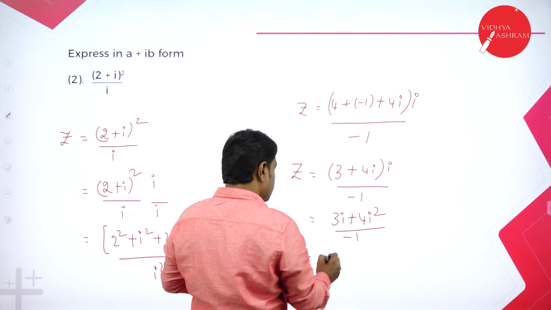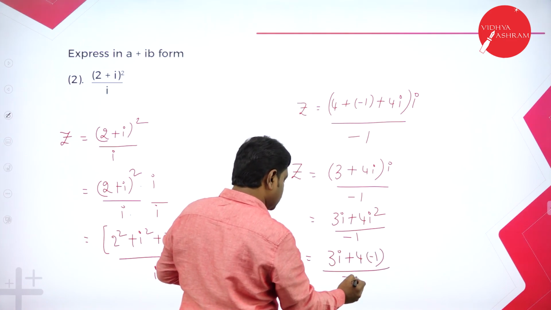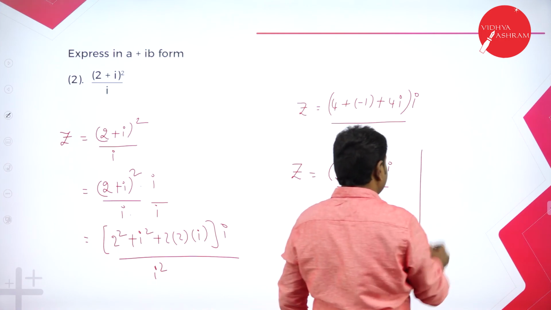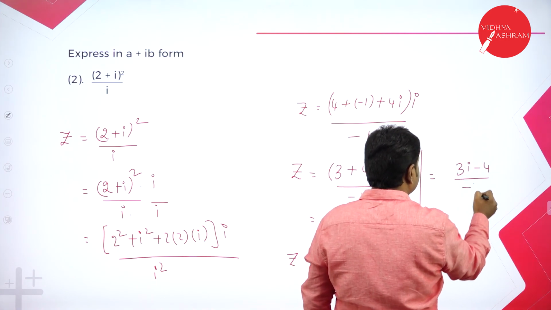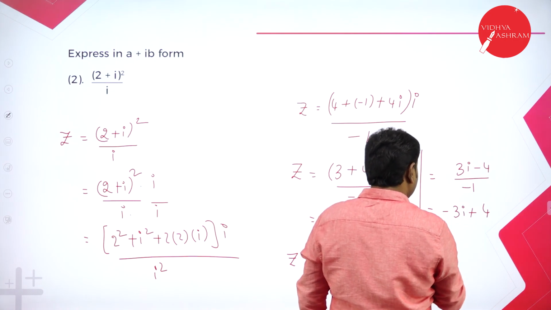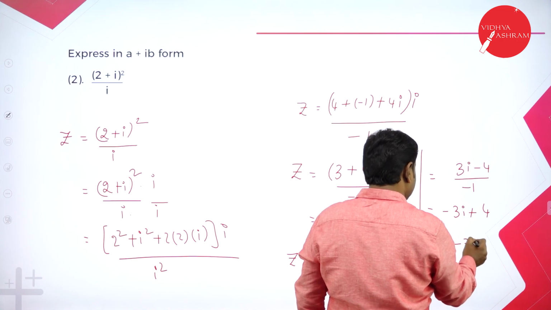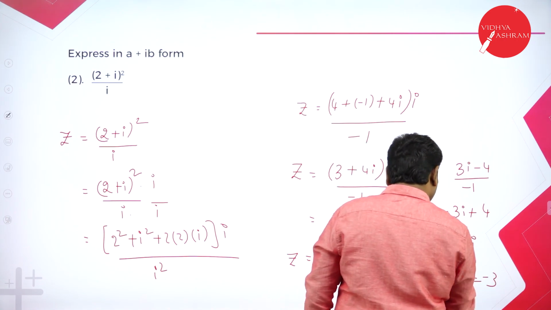Simplify, it will become 3i plus 4 into minus 1 divided by minus 1. So that is z is equal to 3i minus 4 by minus 1. Split this, so it will become minus 3i plus 4. Or can I write 4 minus 3i? This is in a plus ib form. A is positive 4, b is negative 3.